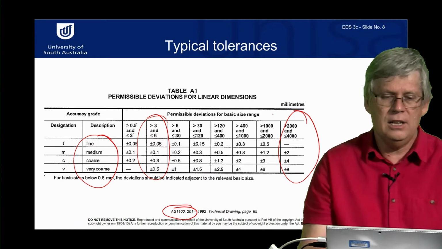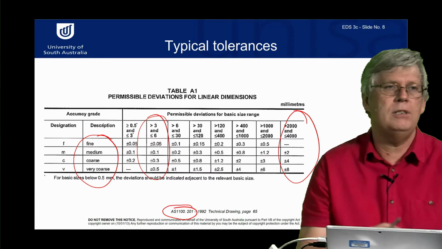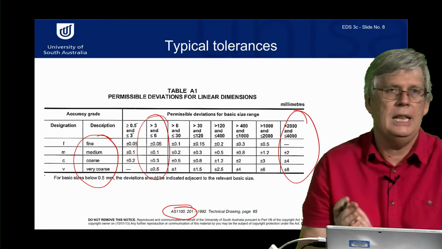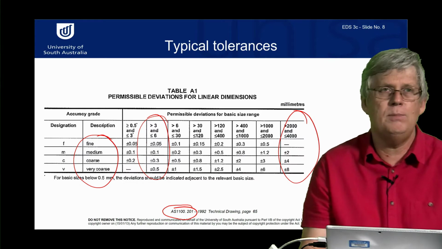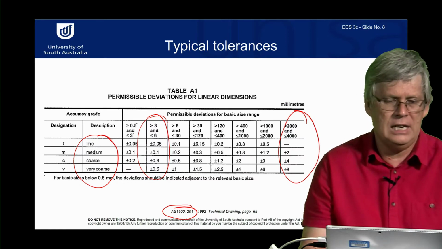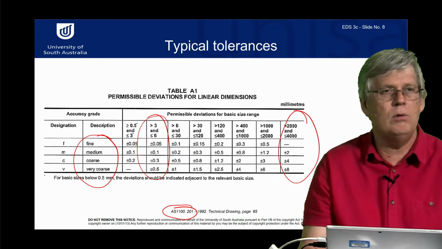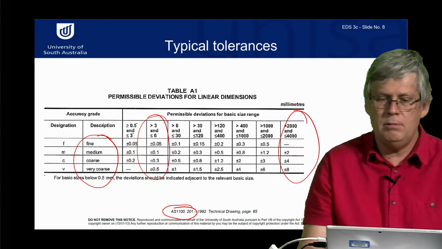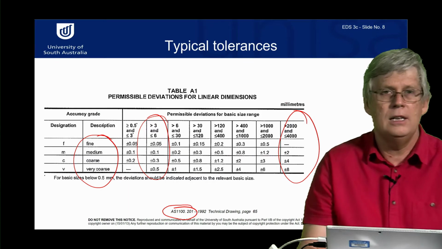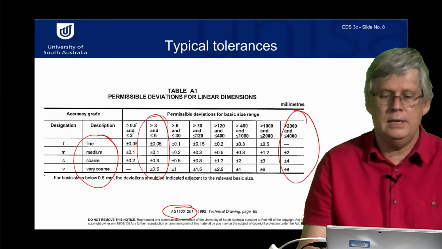So if someone says, I want a coarse tolerance, these values are actually specified in the Australian standards. You can see F for fine, M for medium, C for coarse, V for very coarse. People can use those words for their tolerances.